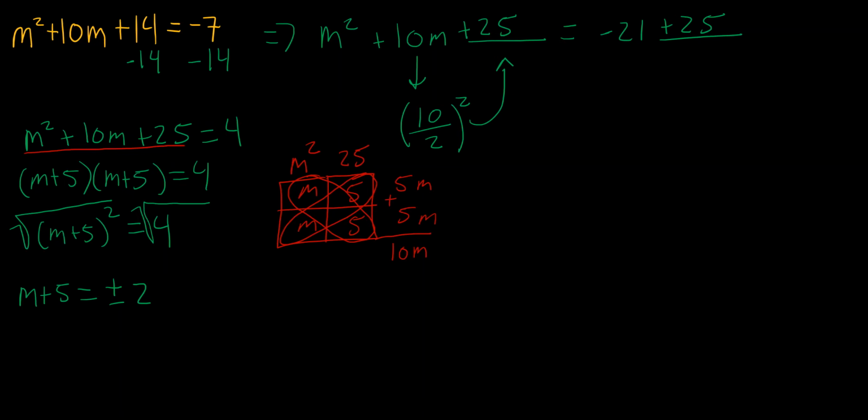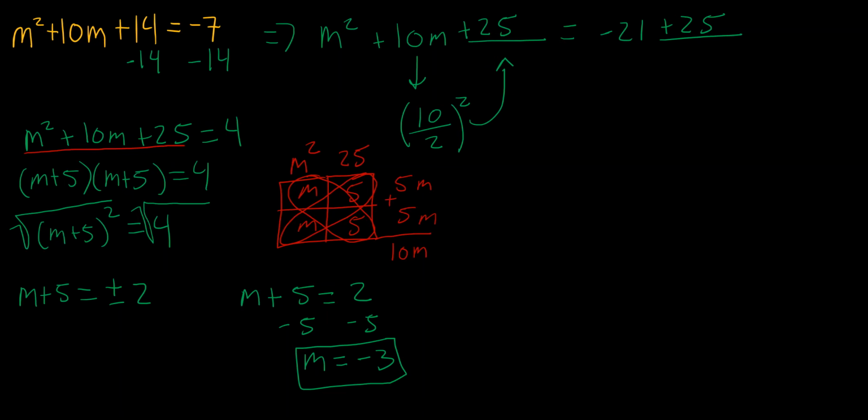So let's get our two solutions. The first one can be, let's say we have m plus 5 equal to +2. We subtract 5 from both sides. We get m equals -3. That's one solution.